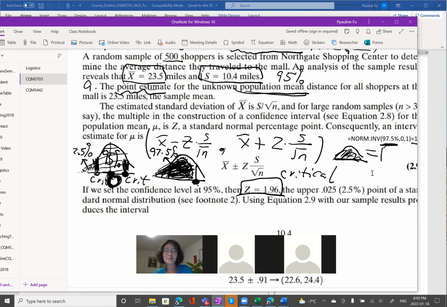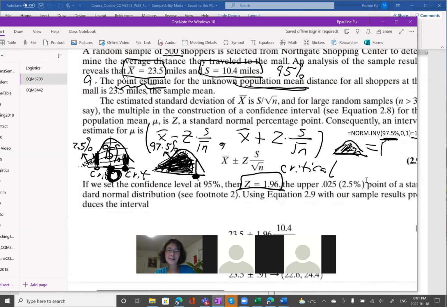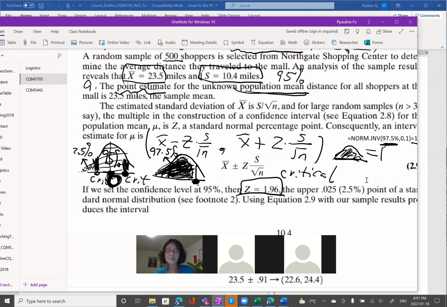Usually it is coming from the class examples. I just changed the numbers. Do you want me to give you an example, not 95, any percentage, and then calculate the critical value? Sure, yeah, go ahead. And I need your help. Can somebody give me a number, not 95%, not 99%, not 90%, any percentage?